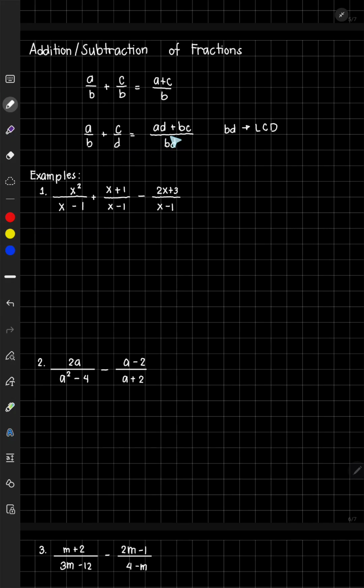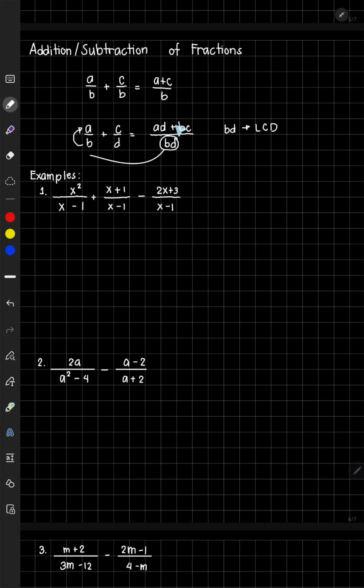And then this least common denominator, divide that by the denominator b, so bd divided by b would be d. Then multiply that result into the numerator, which will yield the numerator as a multiplied by d.